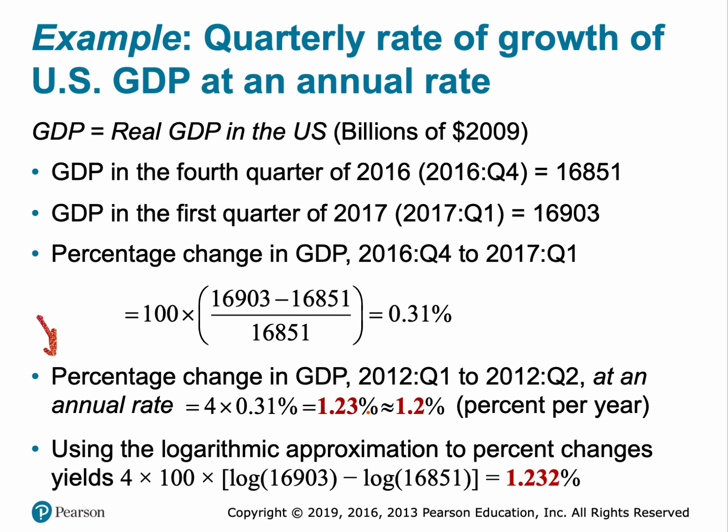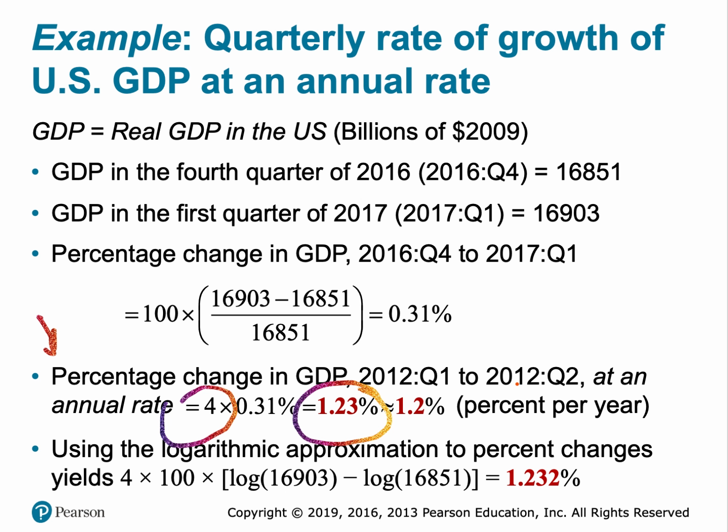Well, if gross domestic product increases by 0.31% each quarter in a year, and there are 4 of them, so if output continues to increase at the same rate over the next 4 quarters, then the annual rate comes out to be about 1.23%.